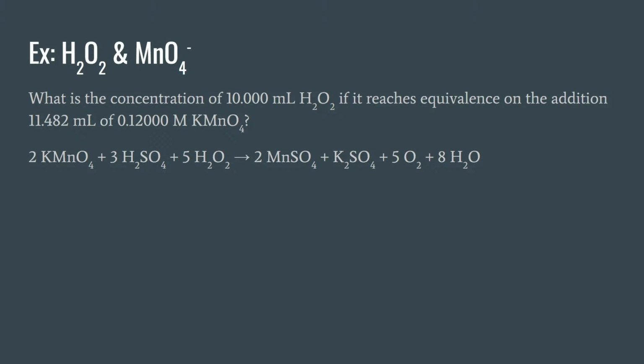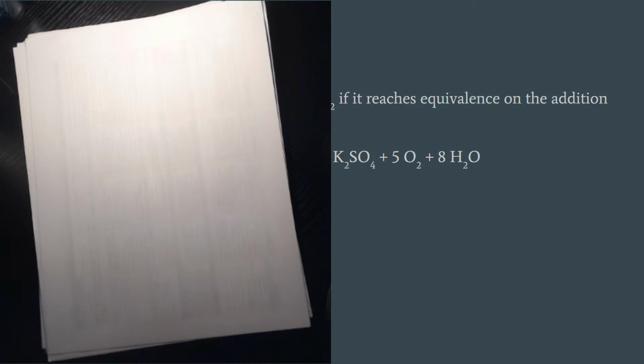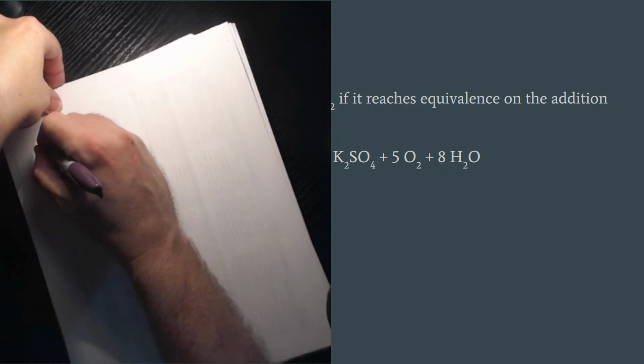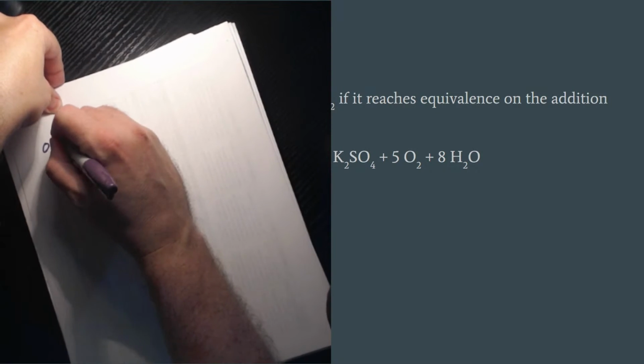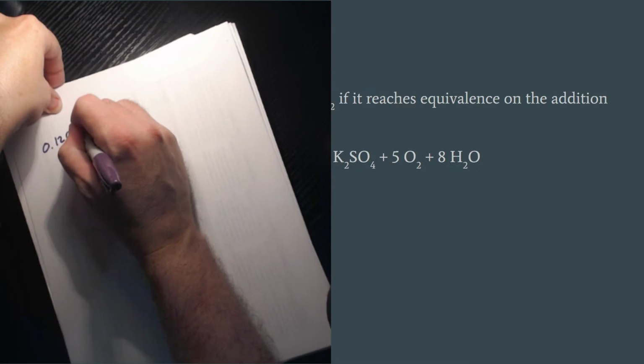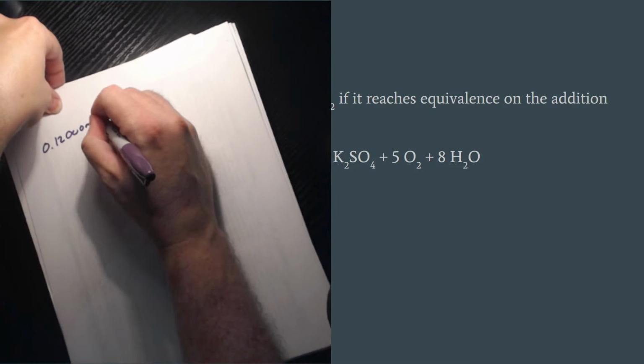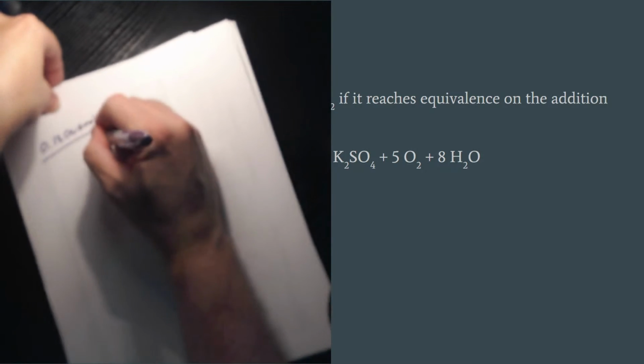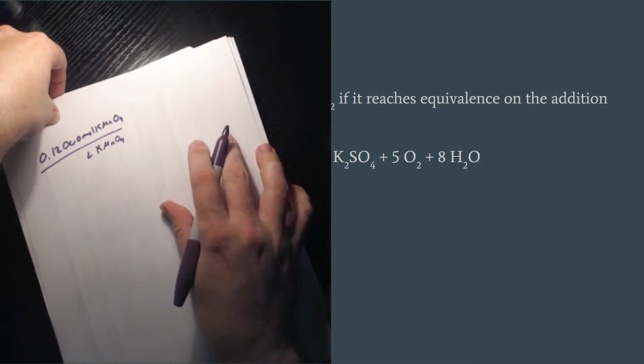I'm not going to write out the equation this time because I don't have to. Potassium permanganate is purple, so I'm going to start off in purple on this one. We have 0.12000 moles of KMnO4 per liter of KMnO4 because that's the concentration.